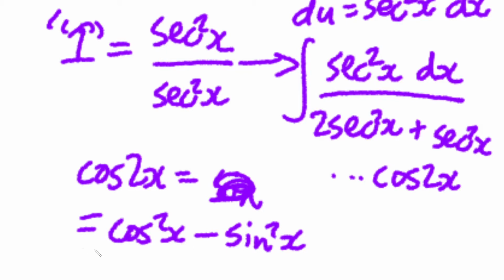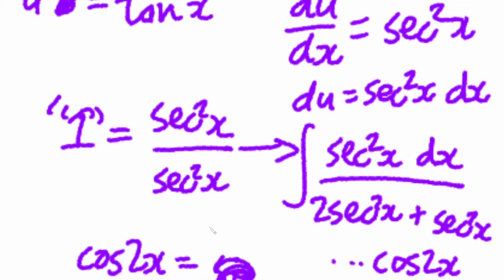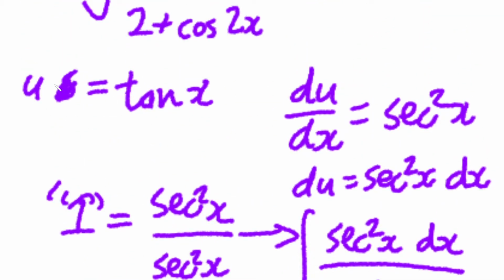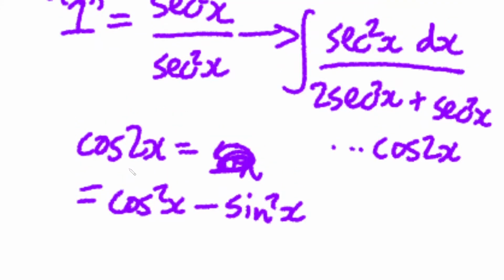Well, it goes very neatly into cos squared x, because obviously secant squared x is 1 over cos squared x, and multiplying those two together, you just get 1. But for the sine squared x term, you get minus tan squared x. And I suppose that is helpful, because you're going to be substituting u equals tan x anyway.